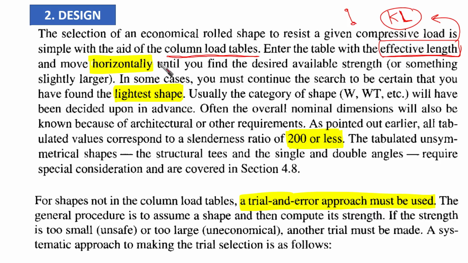Then we move horizontally until we find the desired available strength, or something slightly larger. Again, we move horizontally because we are using the column load tables. This is the way, as we are going to see in the examples.